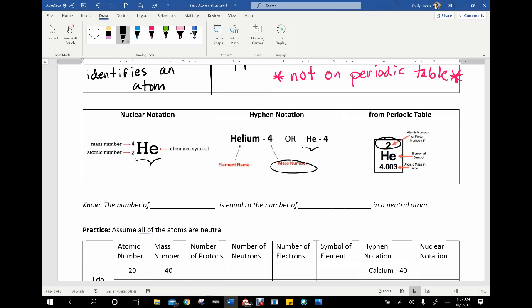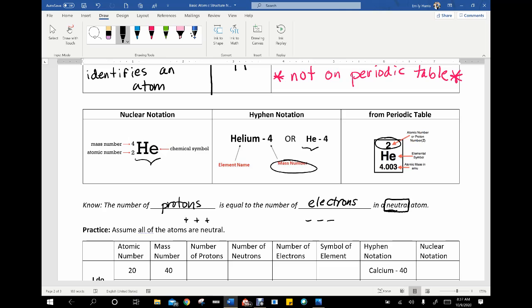Now, one thing that's going to be helpful to note is that the number of protons will be equal to the number of electrons when the atom is neutral. Since protons are positive, if an atom has 3 protons, we should assume that it would have 3 negative electrons in order to balance out and make the atom neutral overall.